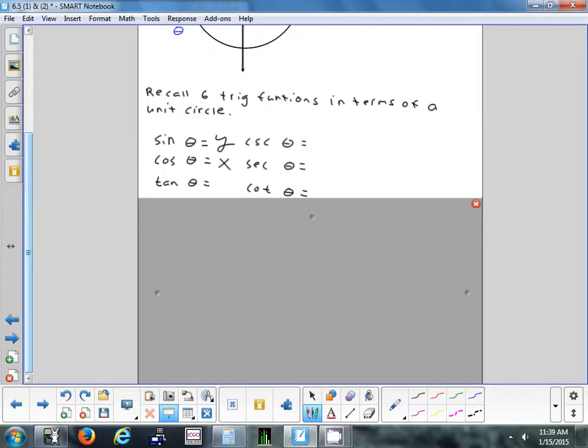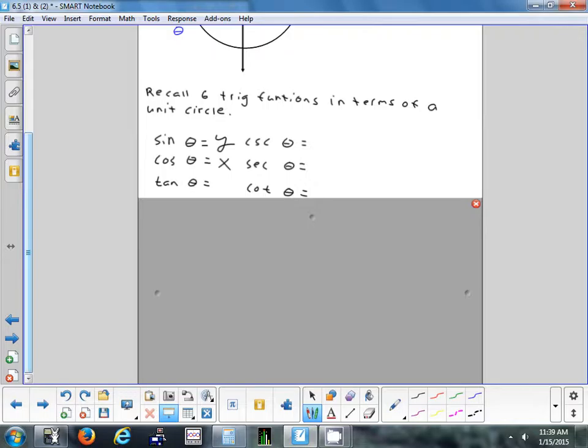How about, Darren, if you had to type cotangent into the calculator? Since we don't have a button for that, how would you do that one? 1 over tangent. Yeah, you could do 1 over tangent. And what's another way? Anyone help them out? Another way you could type in cotangent. Augustine? X over y. So tell me the trig functions.